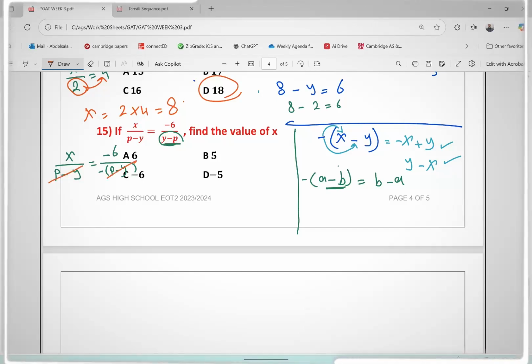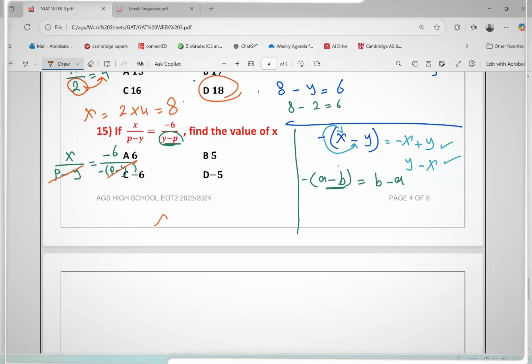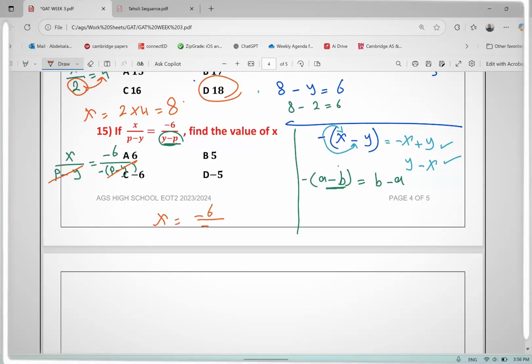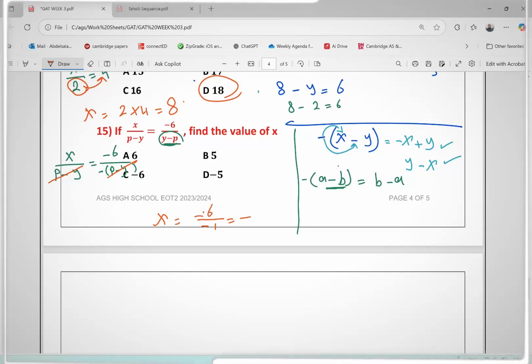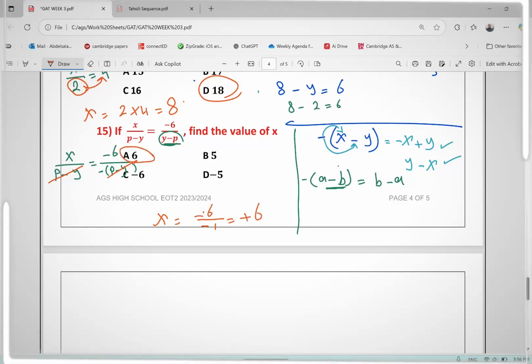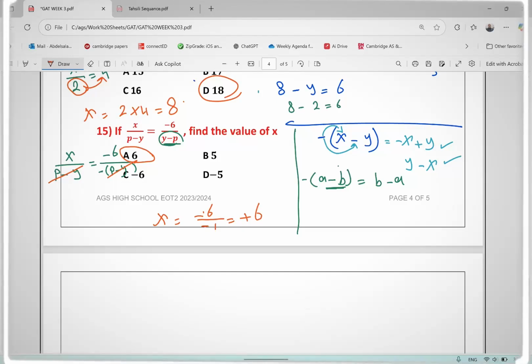Cancel p minus y and p minus y. So x equals negative 6 and we have negative inside in the denominator, which means negative divided by negative is positive. So it will be positive 6. And the answer is A. Okay? See you next video inshallah and goodbye.